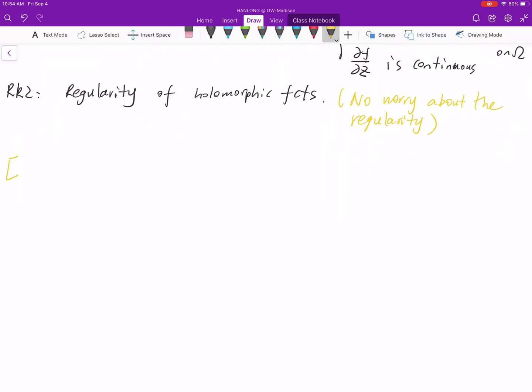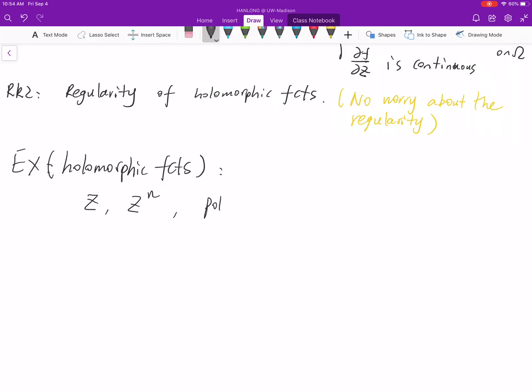Okay, now let's look at some examples. So, examples of holomorphic functions. First, we have z to the n-th power, and more generally, polynomials. And also rational functions.